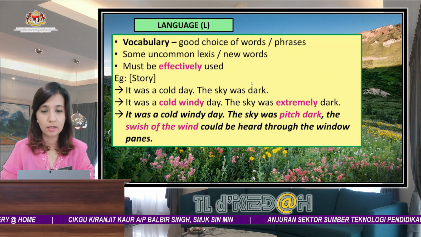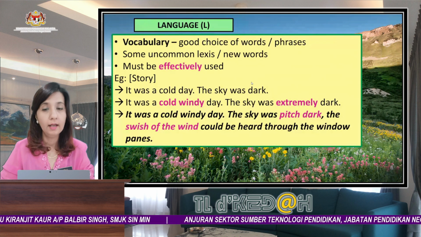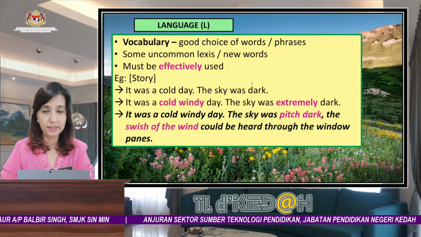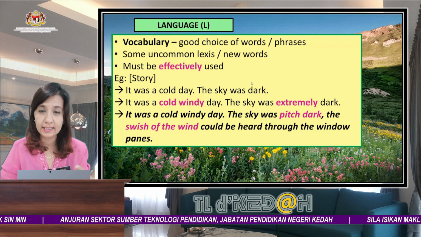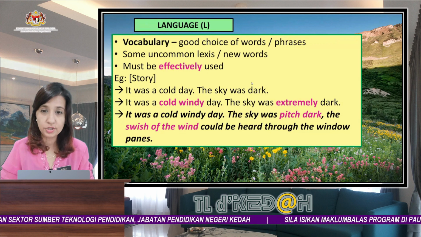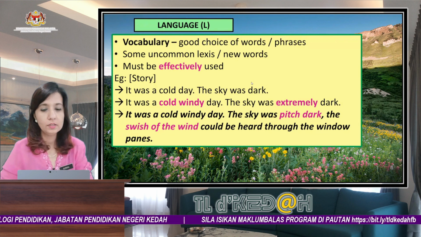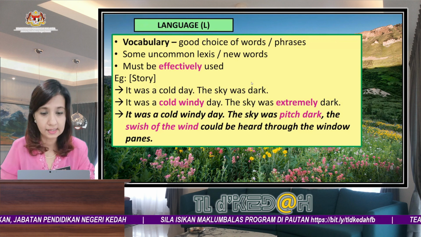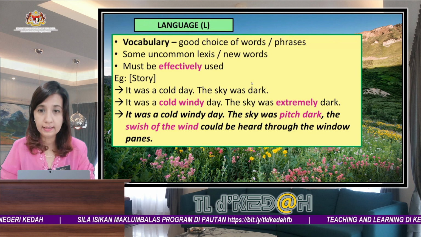The swish of the wind could be heard through the window panes. Very descriptive, very clear. You can picture it in your mind. You can feel it. So the third one is the best. Pitch dark is really, really dark. So the choice of words shows that this student is really strong in his or her language.